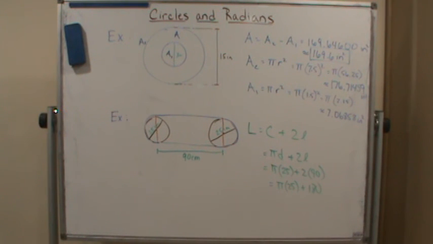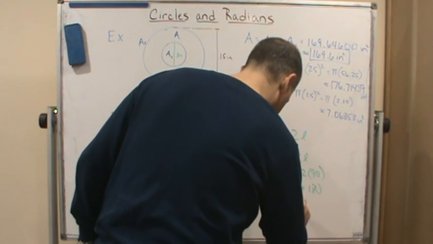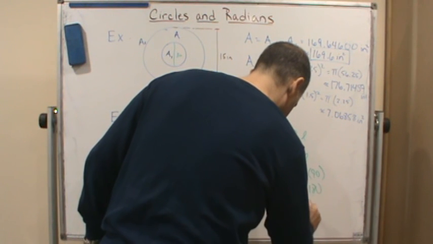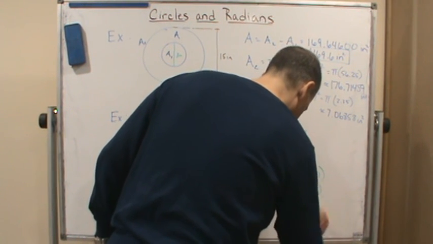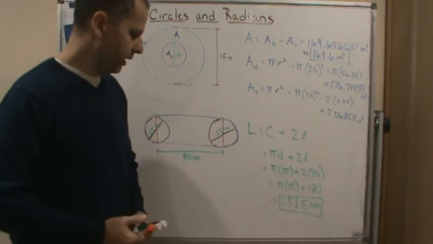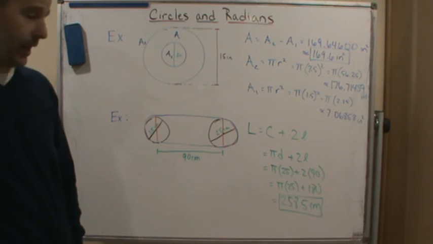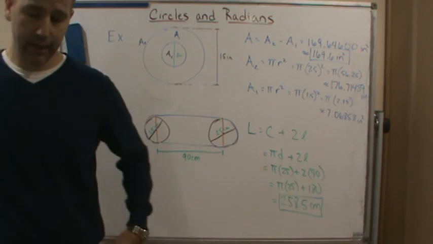And so it's 258.5. And so that is the length of the saw blade, 258.5 centimeters. And that's it.